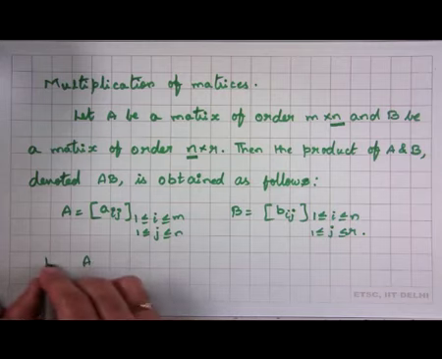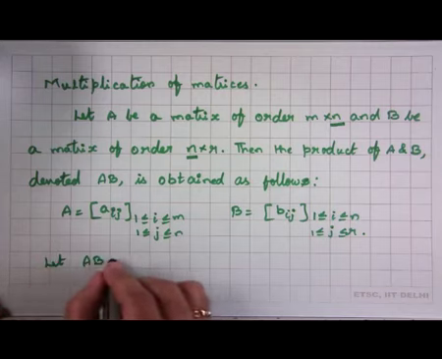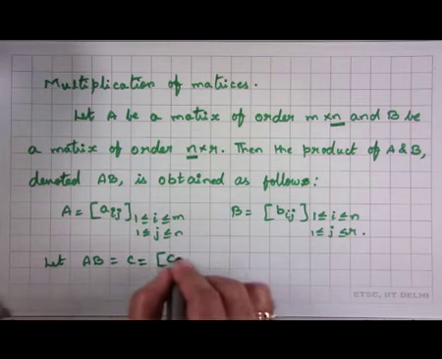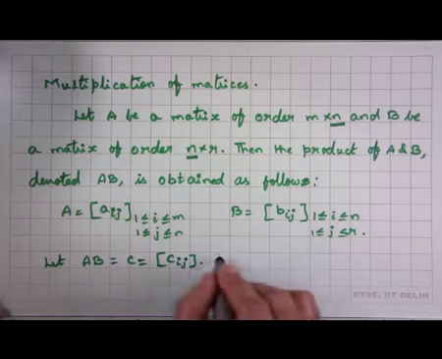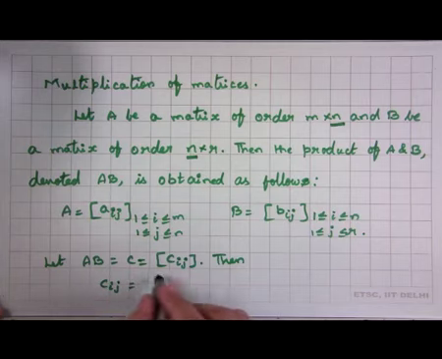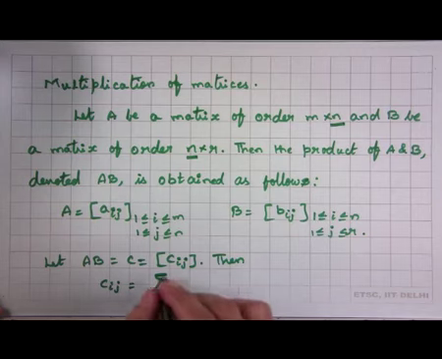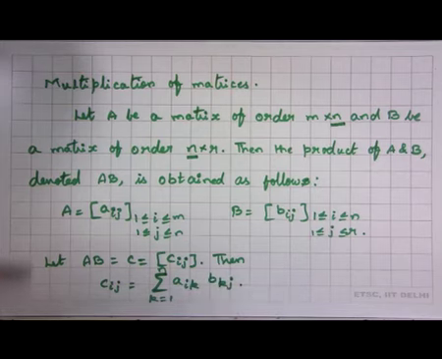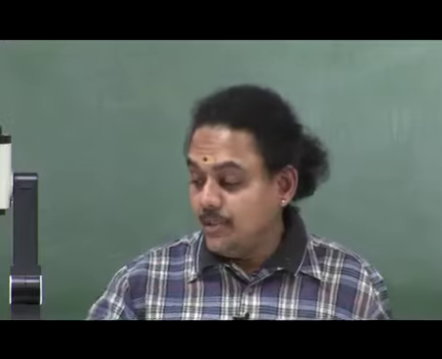So, let AB equal to C, let me write it as Cij. Then the ijth entry, that is the Cij, is given as follows: summation k running from 1 to n Aik Bkj, right. So, summation 1 to n Aik Bkj.